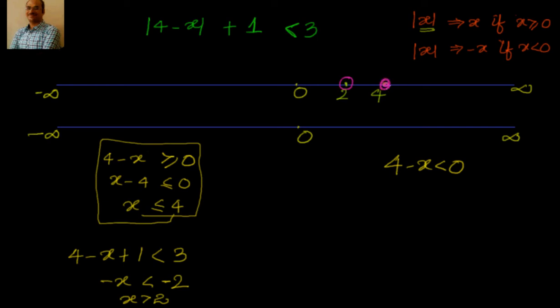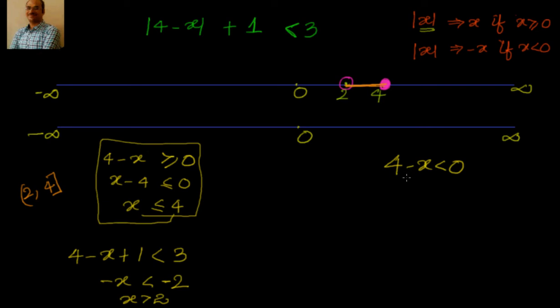And what is your solution range here? Between these. So the solution here is 2 comma 4, with 2 excluded and 4 included.